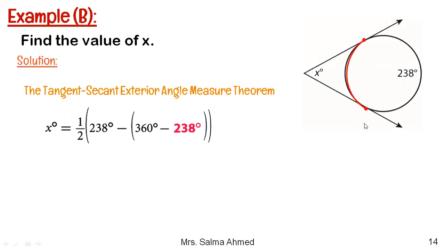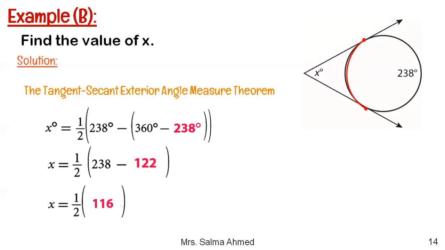By using your calculator, it's very easy to get that x equals half of 238 minus, 360 minus 238, which gives me 122. Again, subtracting the two numbers here, x equals half, and by subtracting it will be 160. So x equals 58. So the angle here is 58 degrees.